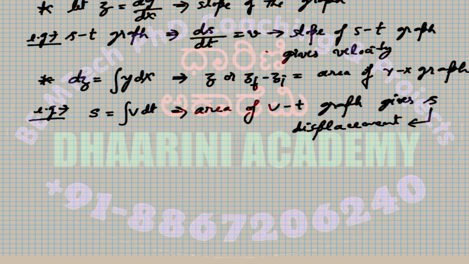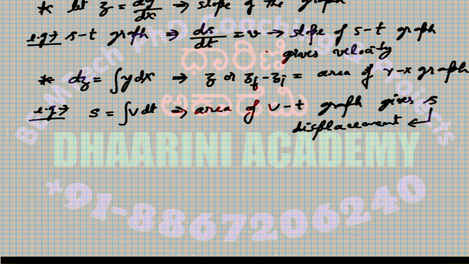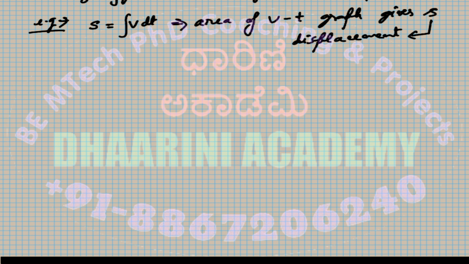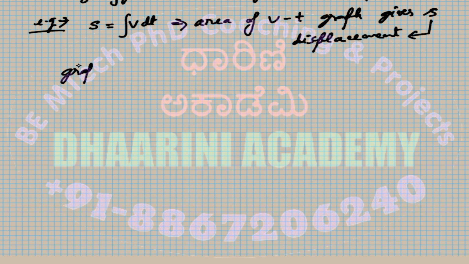All right, so let us try to analyze this using a small table. This is going to give you the complete idea of what I told you so far. Okay, on the left hand side, I'm going to write what graph I'm considering.